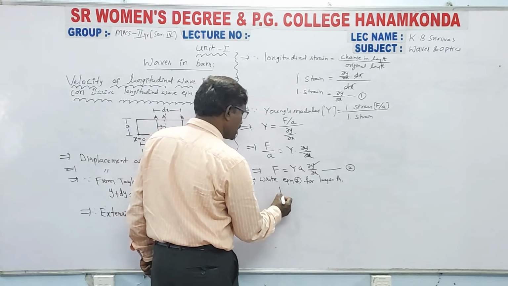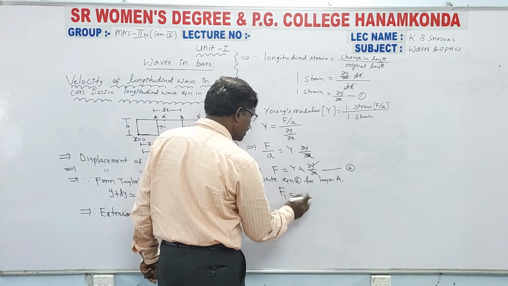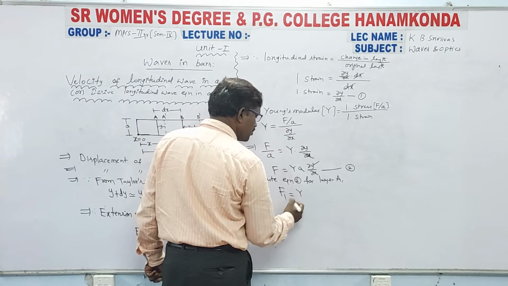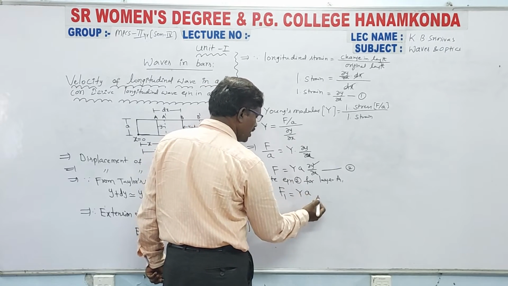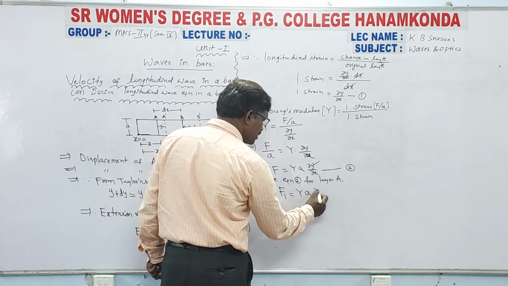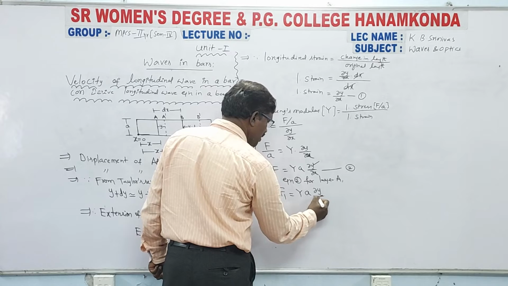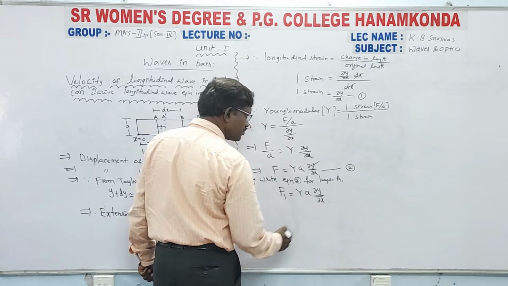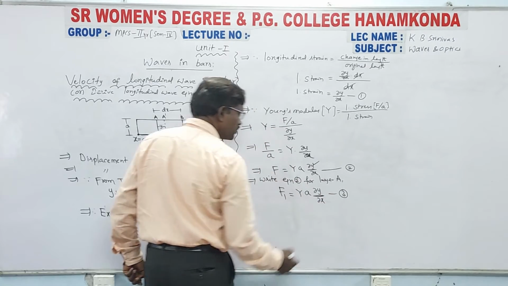That I am representing as some force F1, which equals, simply writing this general expression for layer A, Y Young's modulus, this is constant, A area of cross section, this is also constant. Coming to this term, this is y only. Here the displacement of layer A is y only, that is why I am writing it as it is. Let this be equation number 3.